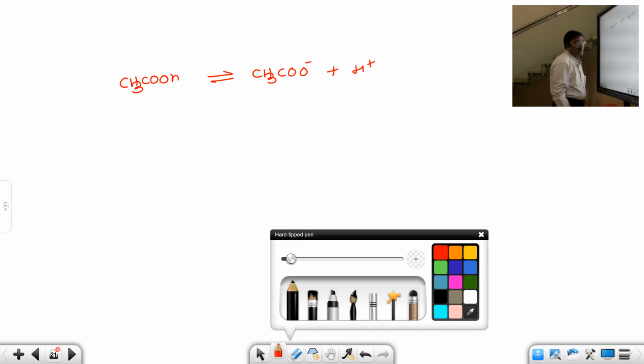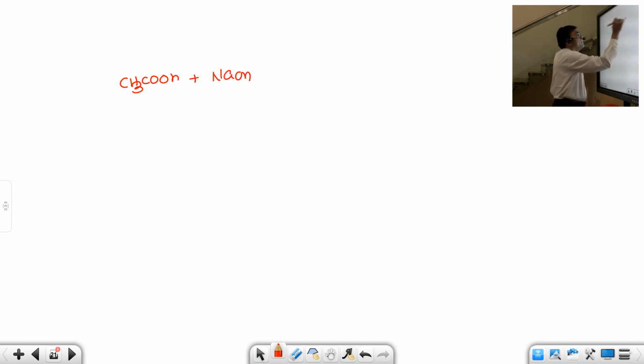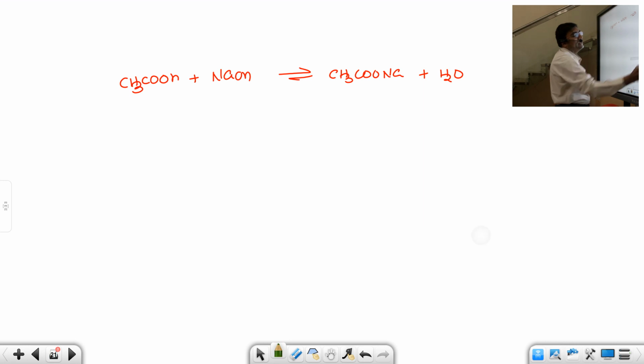Students, now I treat this acetic acid with NaOH. I get CH3COONa plus water. Now, students, let us see case 1. I am giving case 1 for you.